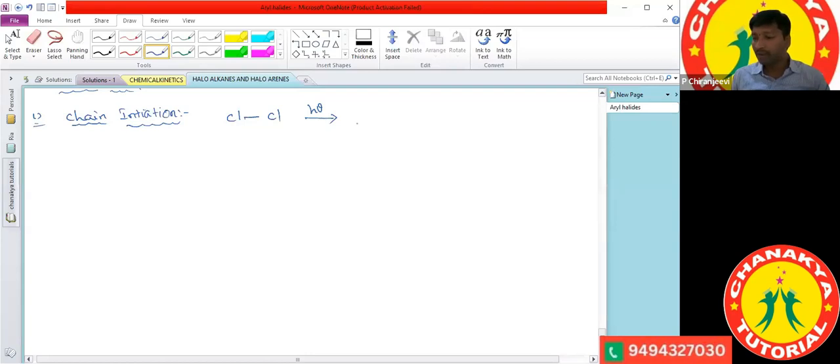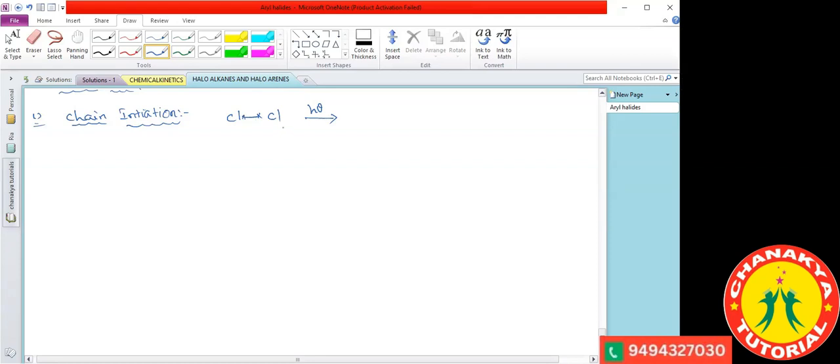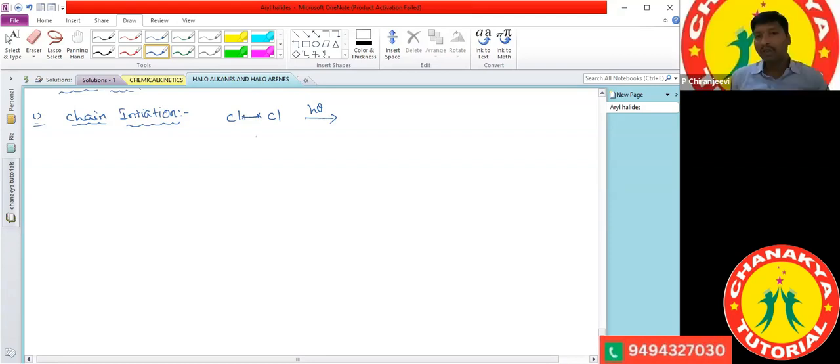So two electrons are involved in the formation of a covalent bond. What is meant by a covalent bond, Samhita? Shared pair of electrons. So mutual sharing of electrons between two atoms is called a covalent bond.